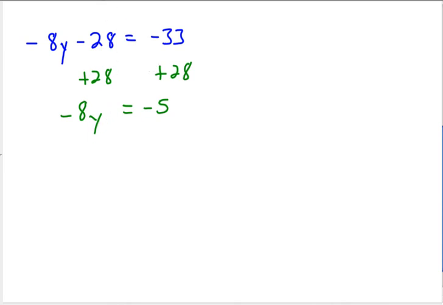Now to get rid of this multiplication by negative 8, I just divide by negative 8. That cancels out the negative 8's, leaving me with y equals, and the negative divided by negative is going to be positive, so y equals 5/8.